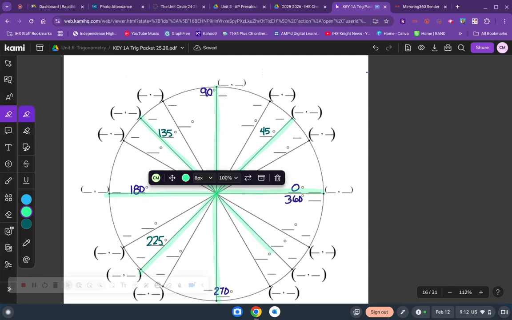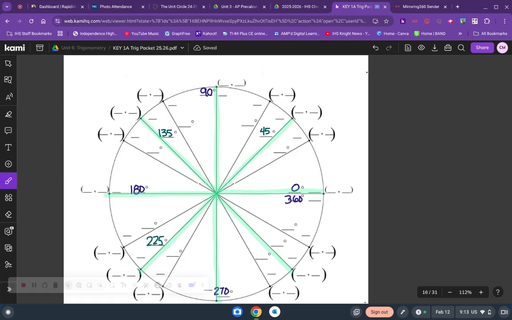And then one more time over in quadrant 4, I can add 45 degrees to that 270. And I'm at 315 degrees. And then 315, to add another 45, it should put me at 360. And so that's the way I can validate, okay, I know that I've done the right thing here.